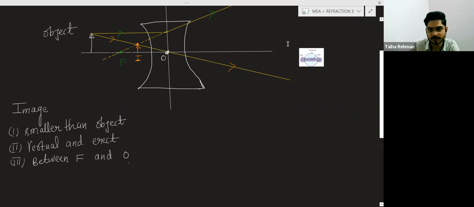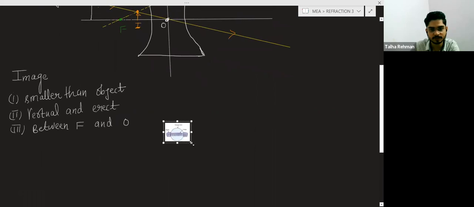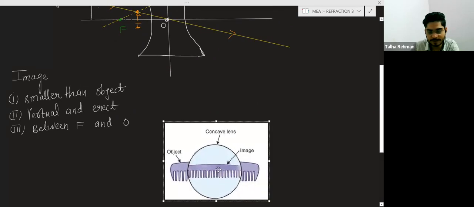Okay, so see this. This is the practical example you have of this type of image formation. So you have a comb, and you have a concave lens. Your object is this comb, and this is the image of the comb. When you are placing this comb in front of the concave lens, see the image of this comb.